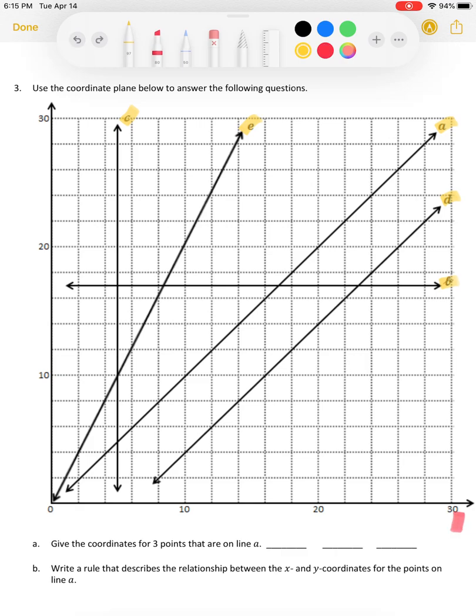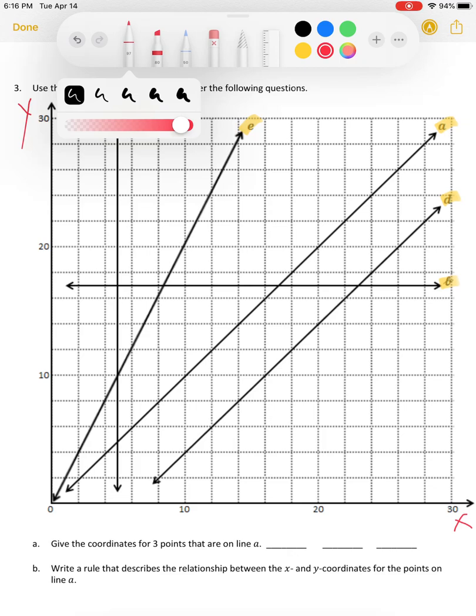So here is the X-axis, and over here would be our Y-axis. Very good. So we have lots of lines here on our coordinate plane, named by letters, and then we have our X and our Y axis. It just makes it easier to stay focused when we're looking at our coordinate grid.